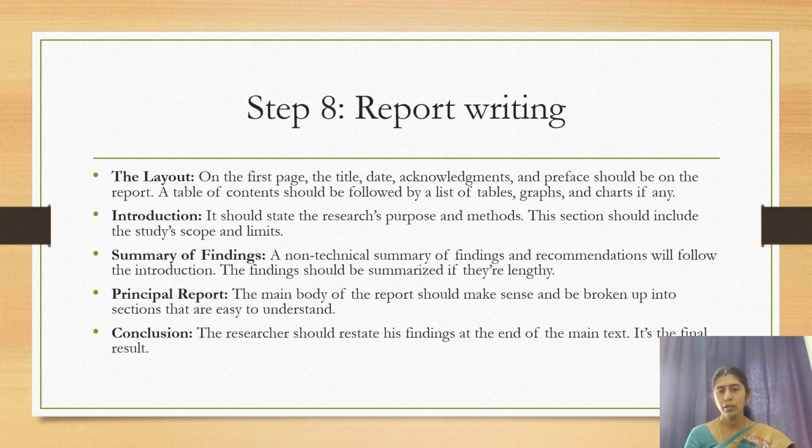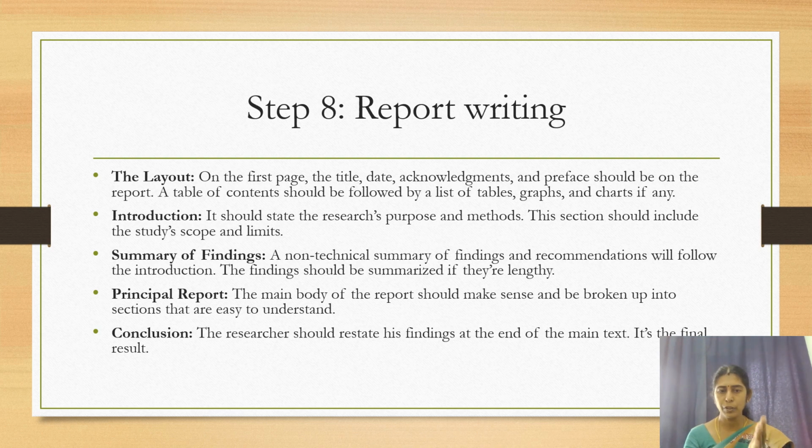The next step is the accumulation of your research findings and writing your report. Report writing involves formulating a layout, because different types of research have different layouts. For example, scientific research doesn't have a stipulated report. Social science reports, projects, or any other research go with a stipulated layout.